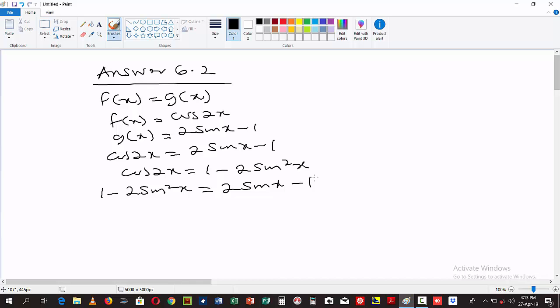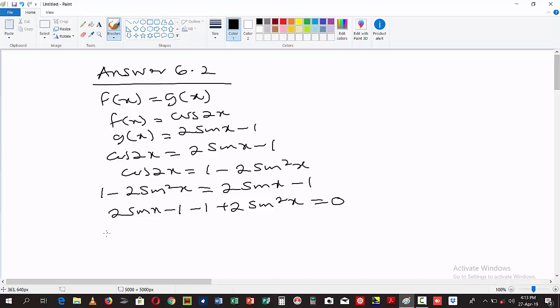Now, let us move everything on the left hand side to the right hand side. We have 2 sine x minus 1 minus 1 plus 2 sine square x must be equal to 0.